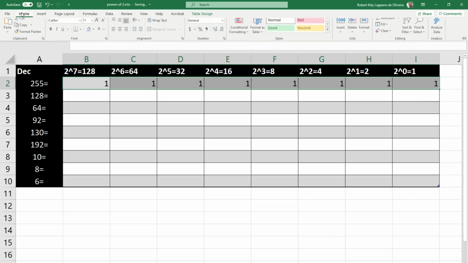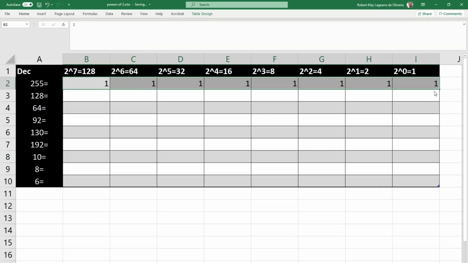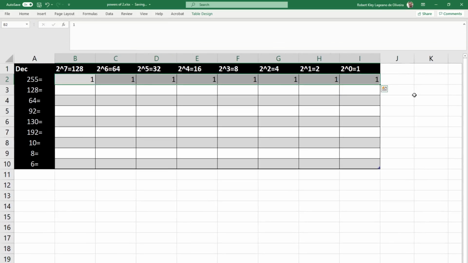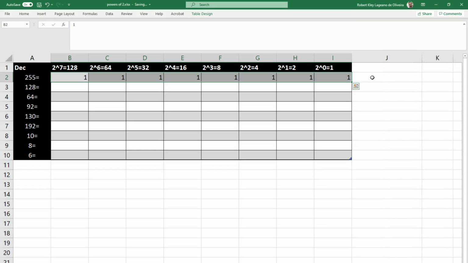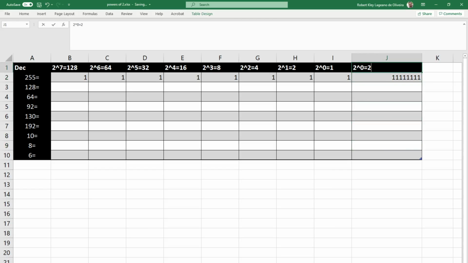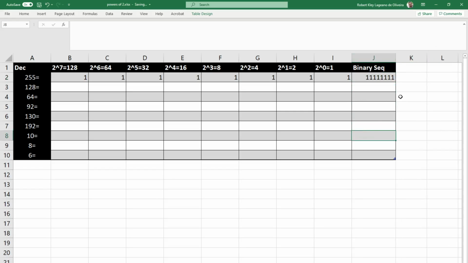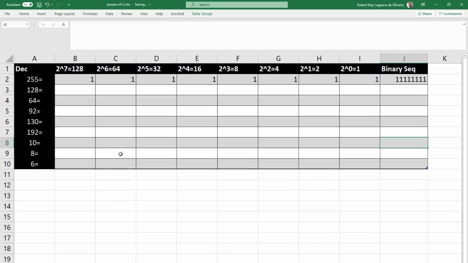So I'm just going to represent these numbers right here. So this is just basically 8 number 1s: 1, 2, 3, 4, 5, 6, 7, 8. Just going to write down the binary sequence, and there you have it. So 8 number 1s is a binary sequence that represents 255.